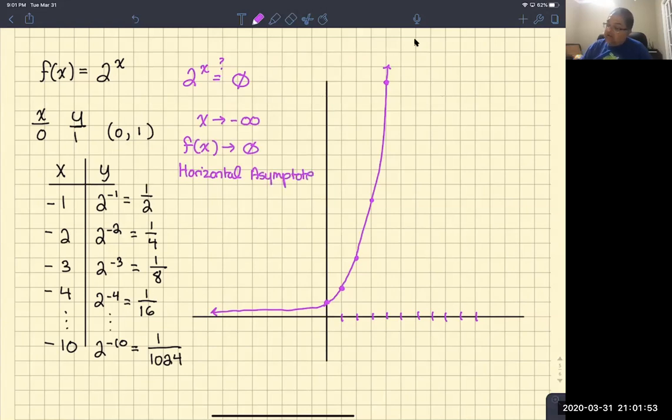So all exponential functions, the graph of all exponential functions have a natural horizontal asymptote, okay? A horizontal asymptote at the x-axis or y equals 0.